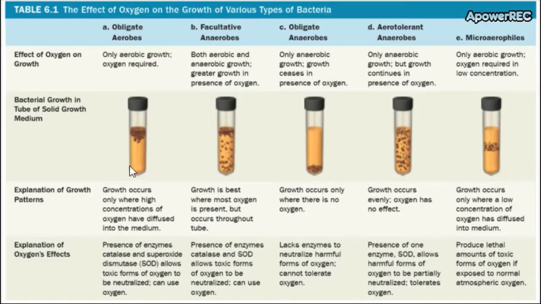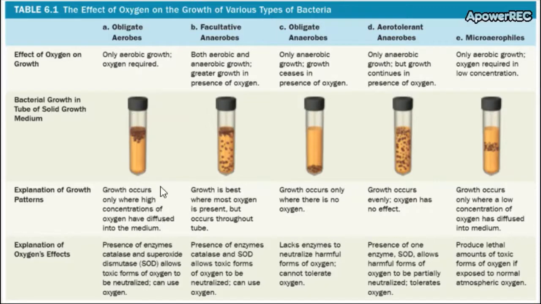But you would ignore those cells that settle at the bottom. As you can see with all of the other tubes, you're not going to have something that grows really well with a lot of oxygen and grows really well with zero oxygen, and there's nothing in the middle. So if you see a layer of bacterial cells at the top, even if you see some at the bottom with nothing in between, you're probably looking at obligate aerobes with some dead cells on the bottom.